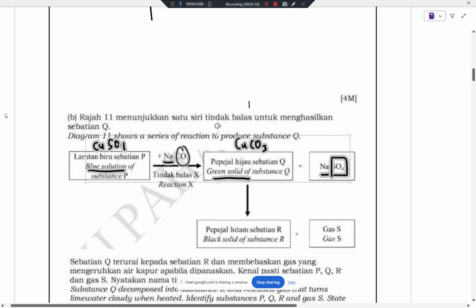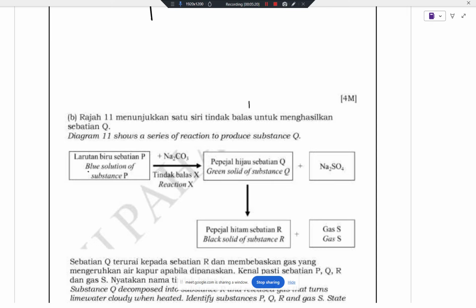I explain one more time. When I see the blue, it must be copper. Copper plus some anion plus sodium carbonate, and the result is green solid plus sodium sulfate. Sodium is from here, so the sulfate must be here. Copper from here, then carbonate must be here, and it matches the description, green solid, because copper(II) carbonate is green in color.